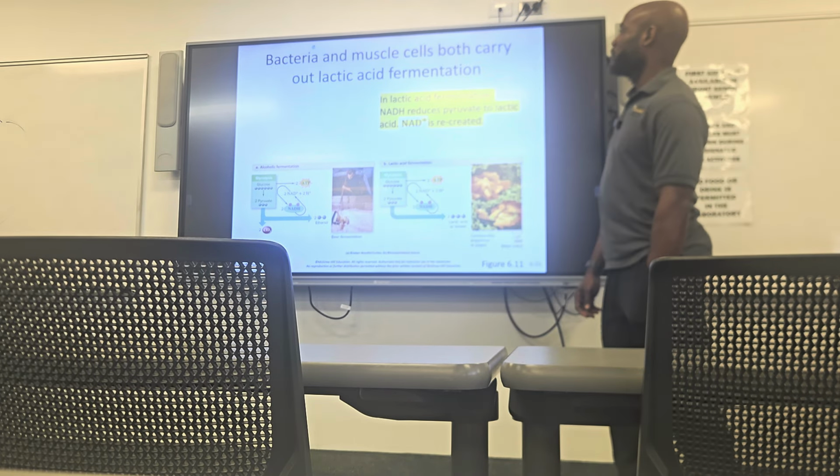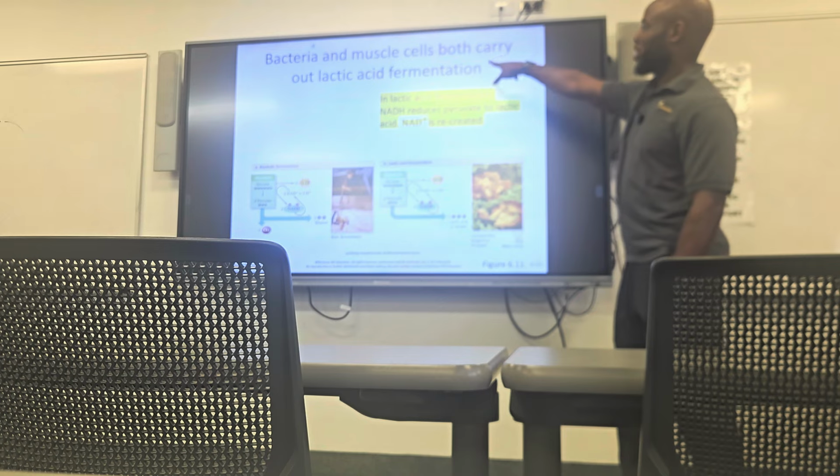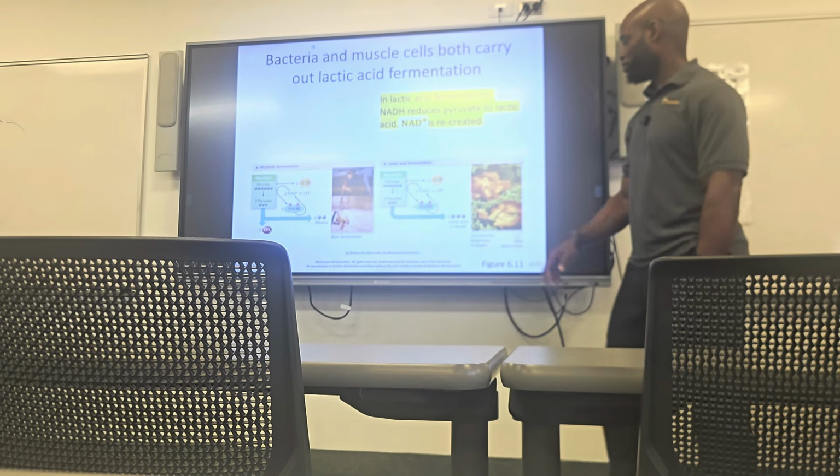Bacteria and muscle cells both carry out lactic acid fermentation.